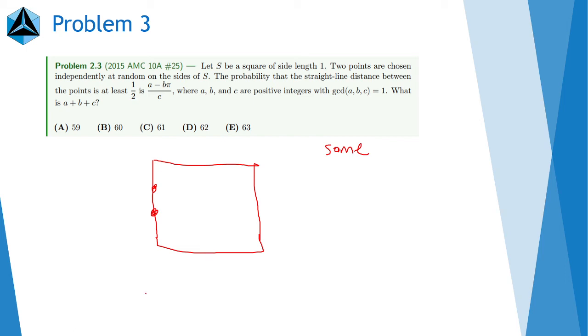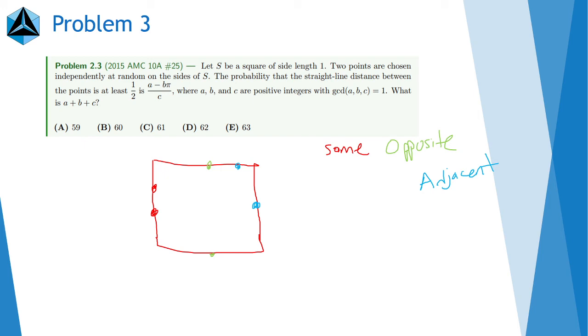Or they can be on opposite sides. Or they can be on adjacent sides, like this and this. Those are our three cases to work with here.